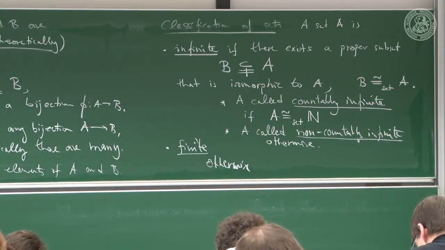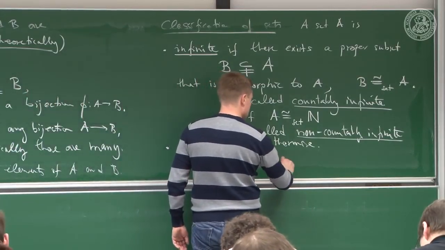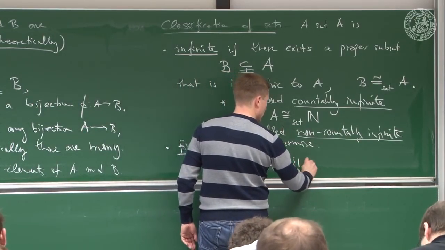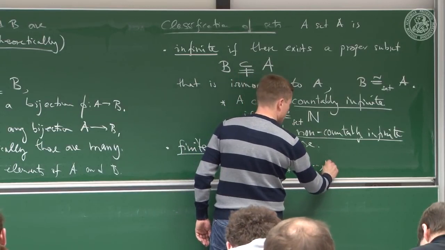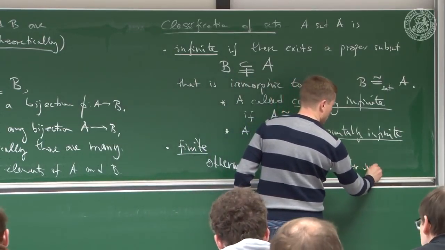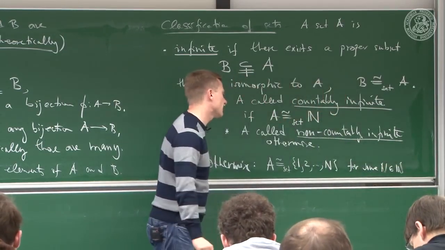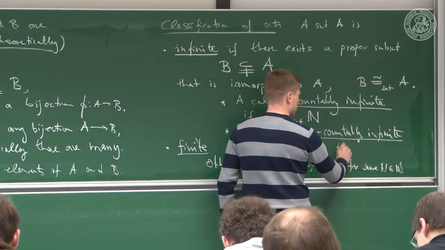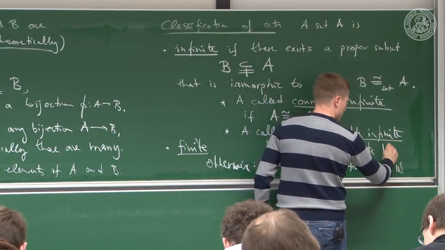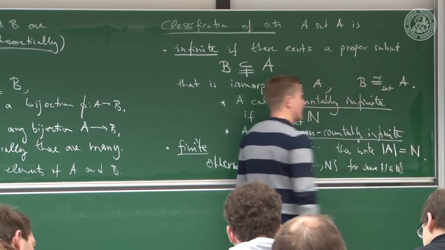Well, maybe that if you have a finite set A, in this case A will be set theoretically isomorphic to the set {1, 2, up to an integer number n} for some n in the natural numbers, and then we write that the size of A is n.